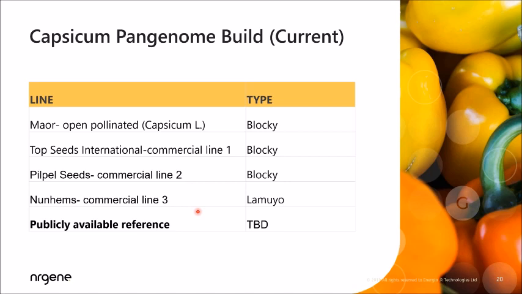The previous genomes really don't have good quality, especially in the repeated regions, unlike the 10x genomes, like Maor and the CM334 hybrid that we did. So I would suggest that the publicly available reference be the CM334 hybrid in my case, or Maor.